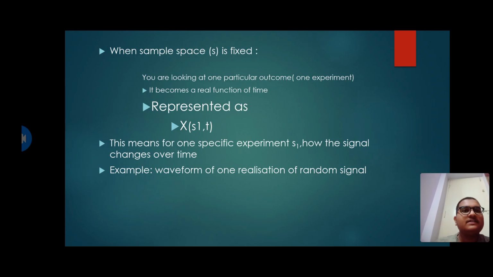For that fixed sample space, we analyze the signal at different intervals of time and verify how the output is going to be. An example is the waveform of one realization of a random signal.